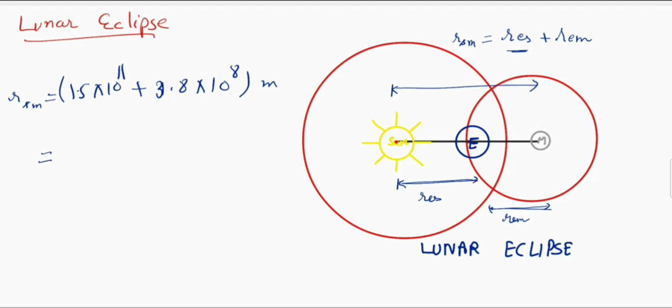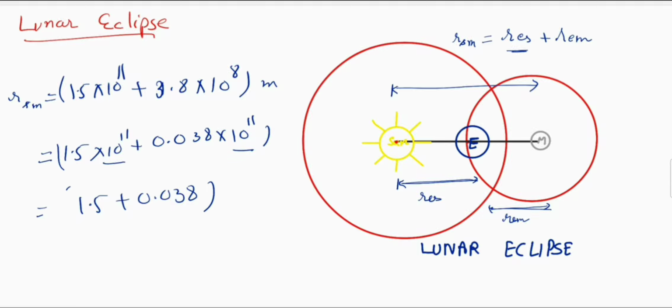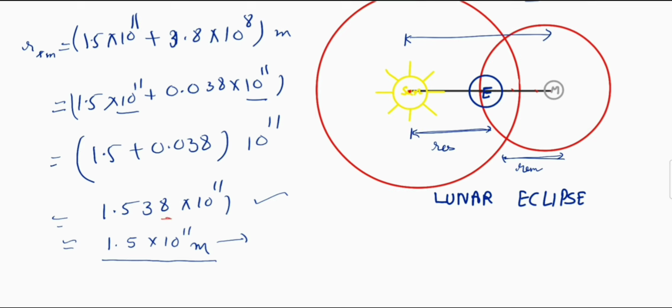So here we'll get 1.5 into 10 raised to power 11 plus 0.038 into 10 raised to power 11, which is equal to 1.538 into 10 raised to power 11. Approximate value I'm going to take here, 1.5 into 10 raised to power 11, which is equal to RES.